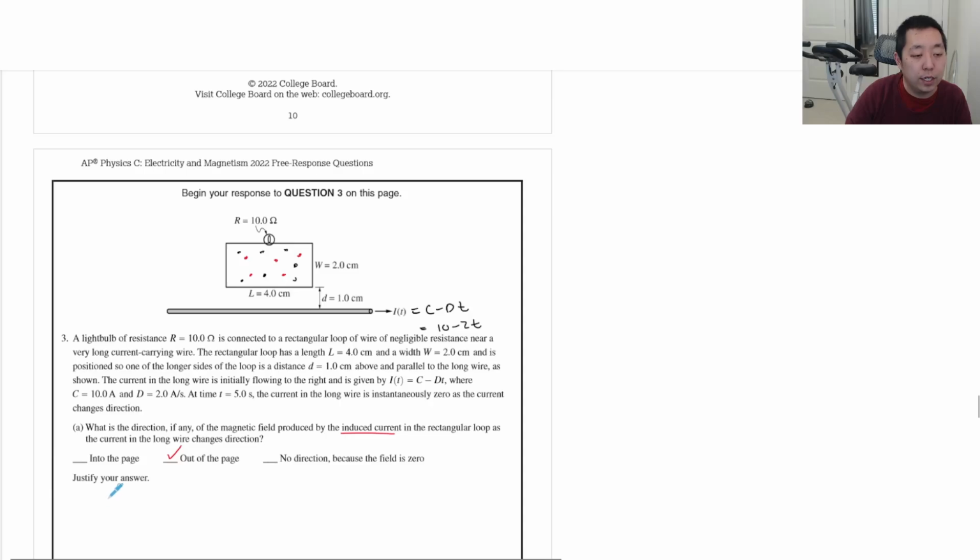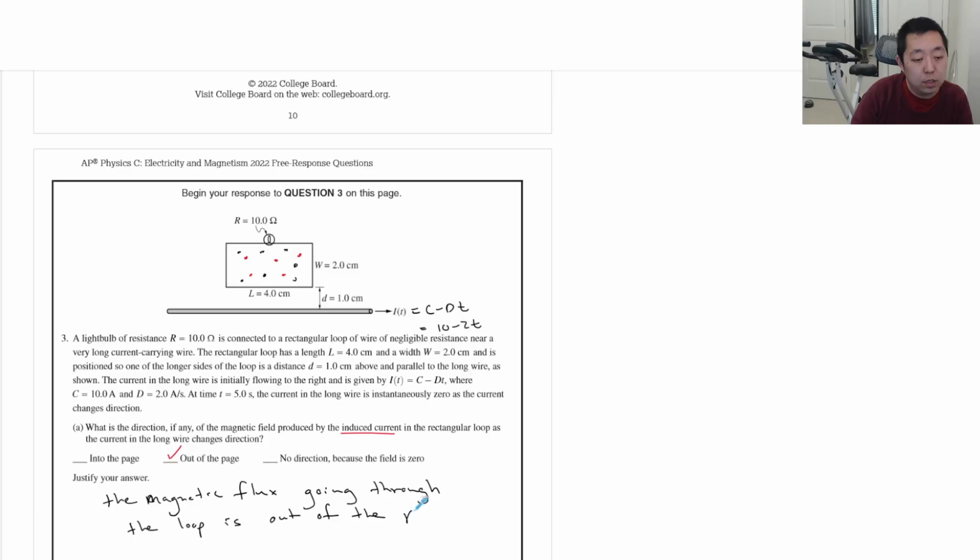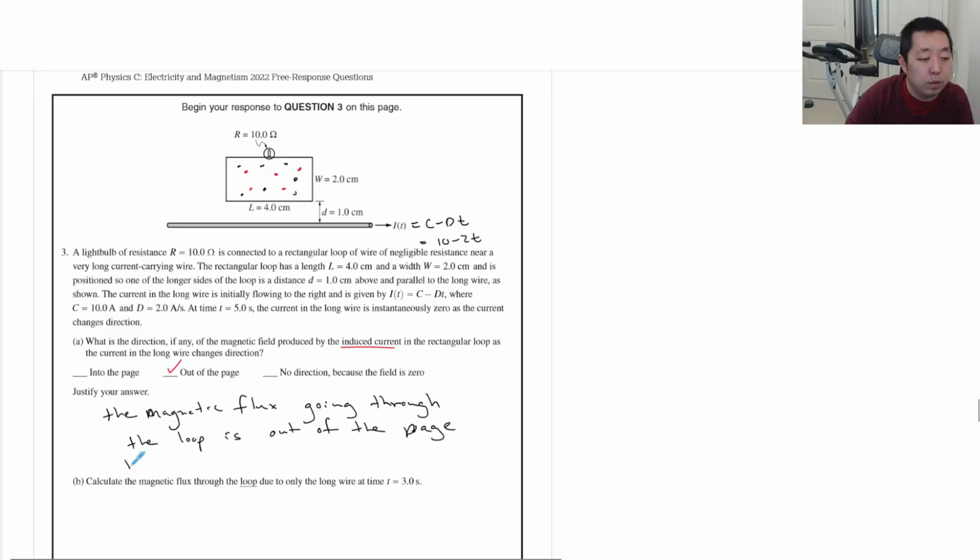And your answer here is because the magnetic flux going through the loop is out of the page before the current changes.